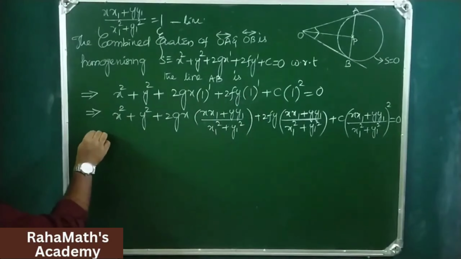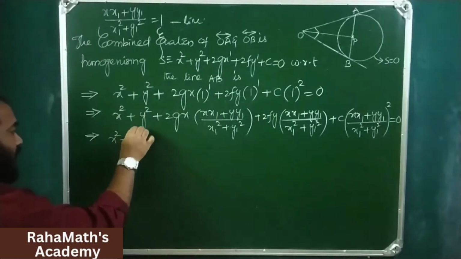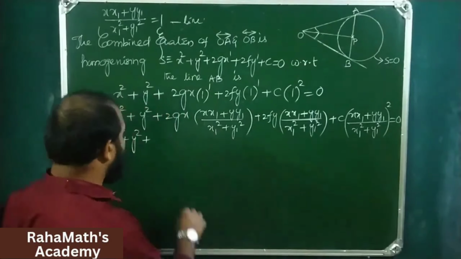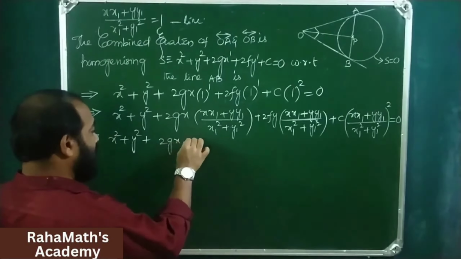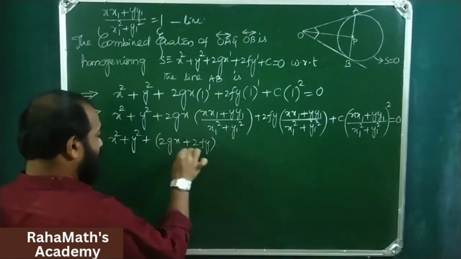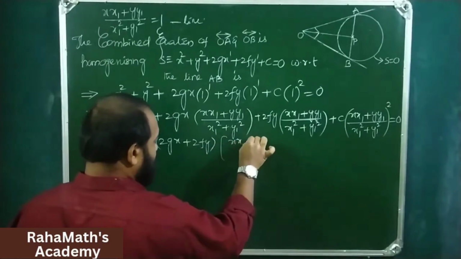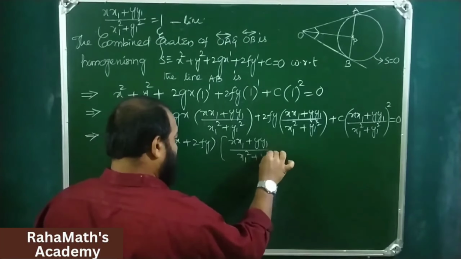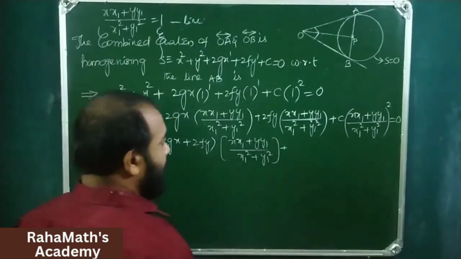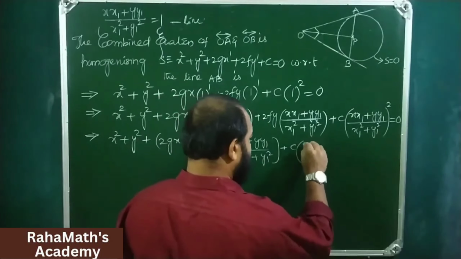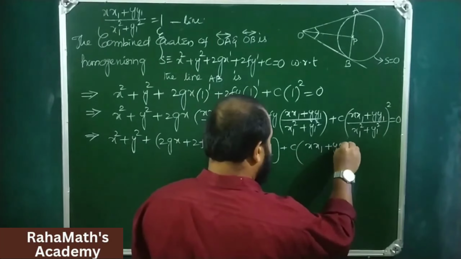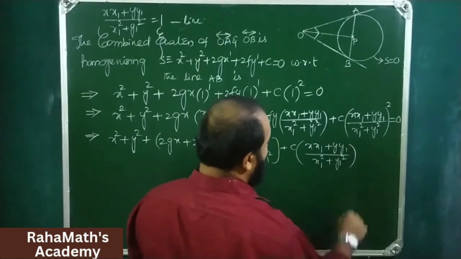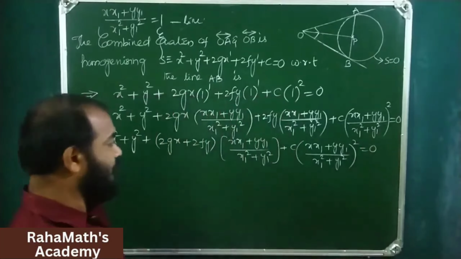So this can be x square plus y square plus, for 2gx and 2fy, this is common, so 2gx plus 2fy into xx1 plus yy1 by x1 square plus y1 square, plus c into xx1 plus yy1 by x1 square plus y1 square whole square equals 0.